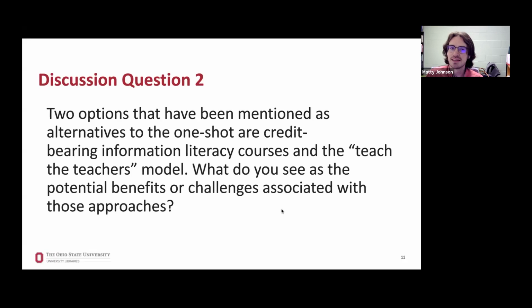And then the one last thing that I'll say is, first, I think that sometimes people think that anything that a librarian does is information literacy, which I think is not necessarily true. But I also think that librarians can teach credit-bearing courses that are not about information literacy. So at UCLA, I used to teach a class on careers in libraries and archives for undergraduate students, where we talked a lot about what our undergraduates could do in the future in terms of careers in the profession.